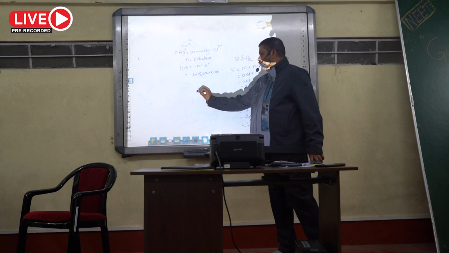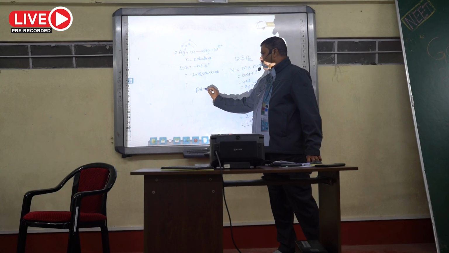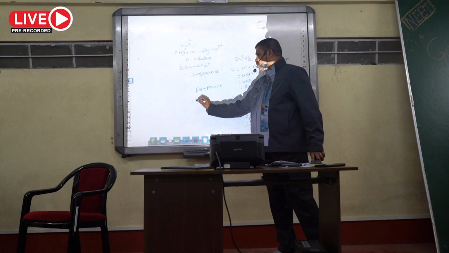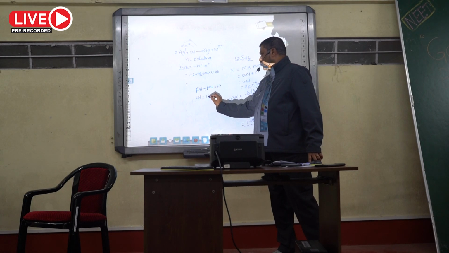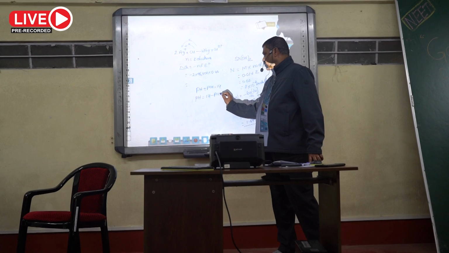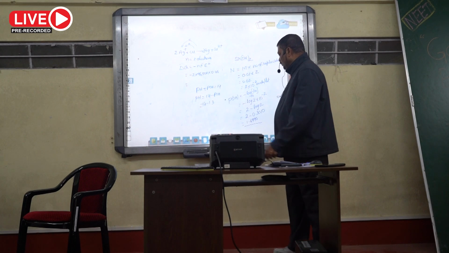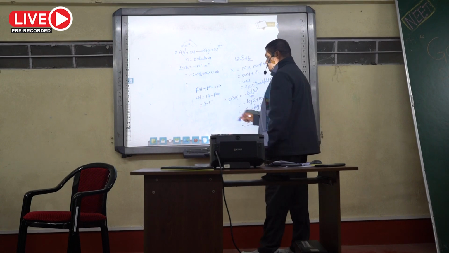This is pOH. You know pH plus pOH is equal to 14. So pH is equal to 14 minus pOH. So 14 minus 1.6990.